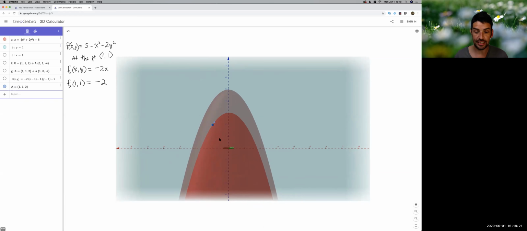A change in x, right? A positive change in x should make our output change by -2. Now notice, because of the way we're looking down the x-axis, a positive change in x is moving to the right. So what you can imagine is something akin to a tangent line, right?